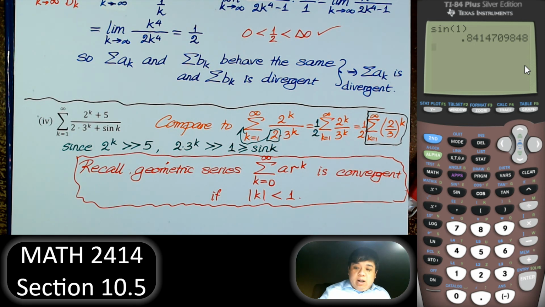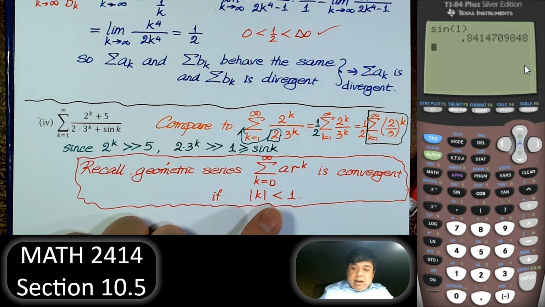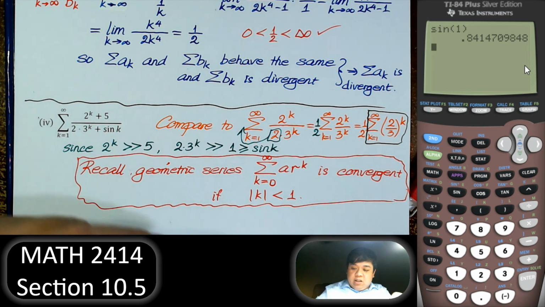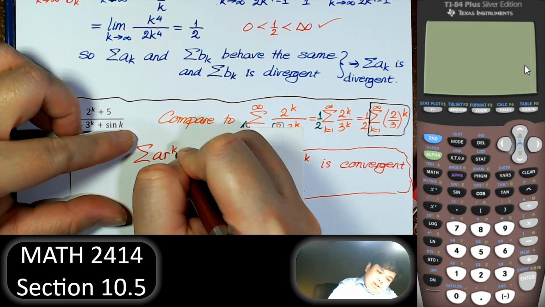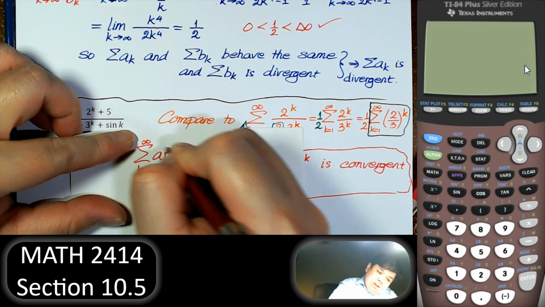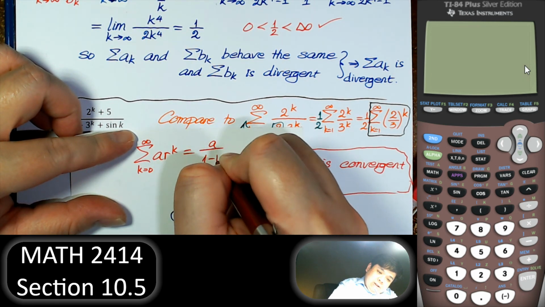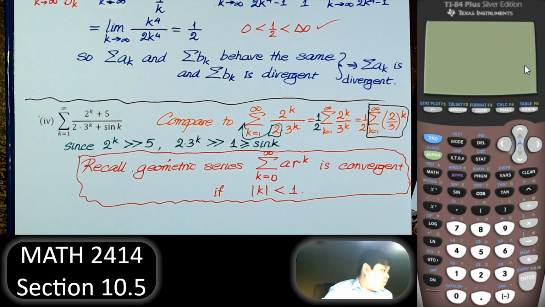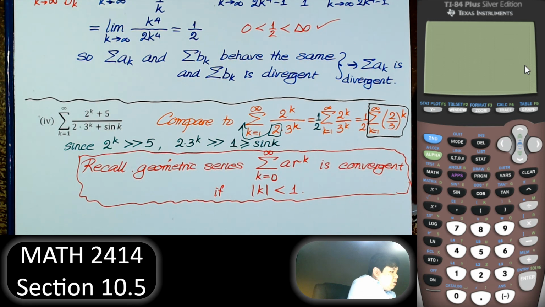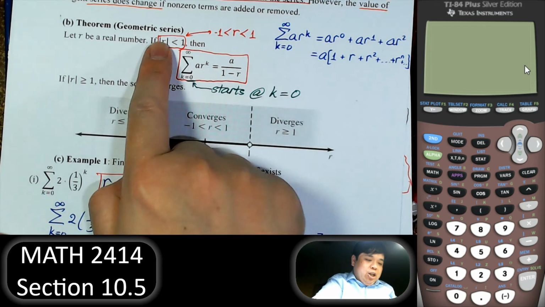And furthermore, when the absolute value of r is less than 1, we do have the sum like that, right? Let me find that in the notes. Right. Geometric series.